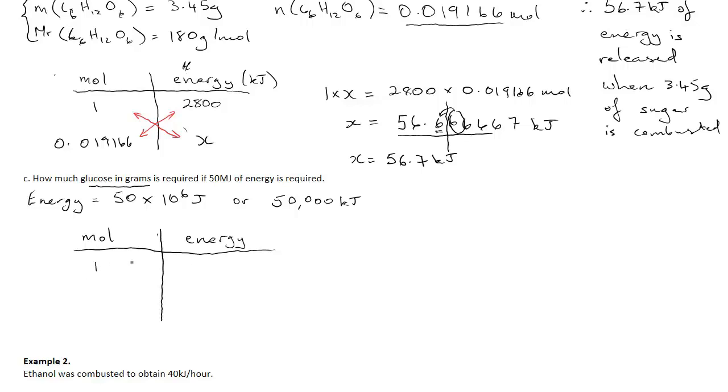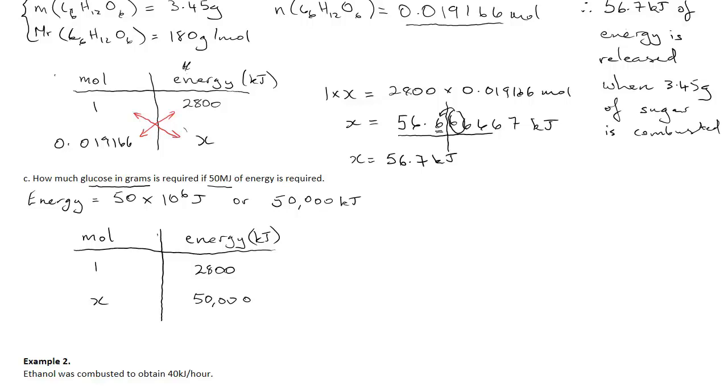For every 1 mole, 2,800 kilojoules is released. And for this scenario, we don't know how much mole of glucose is required, but we do know that 50,000 kilojoules of energy is required. Now, you can't put 50 into there, because megajoules is not the same as kilojoules. So you must make sure that it's the same energy unit as well.